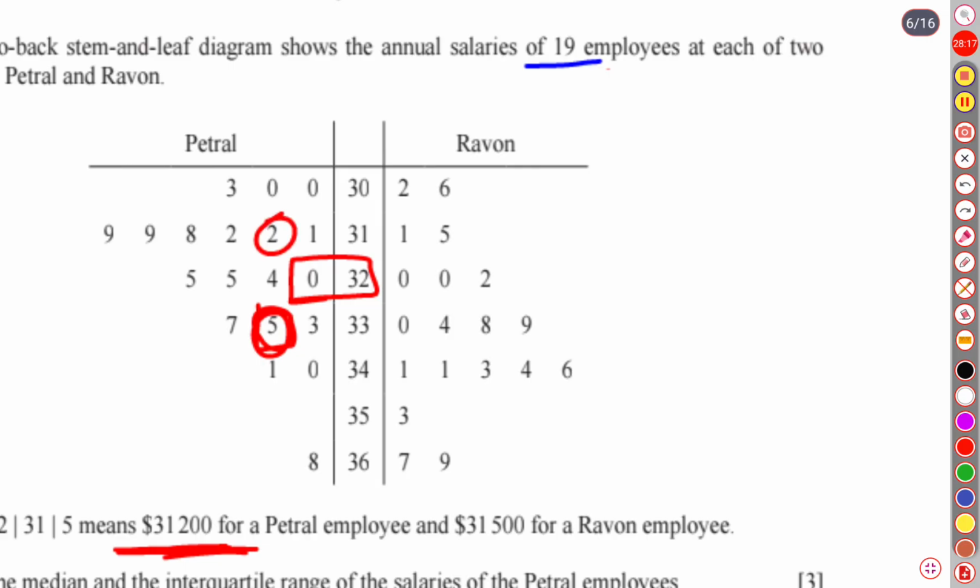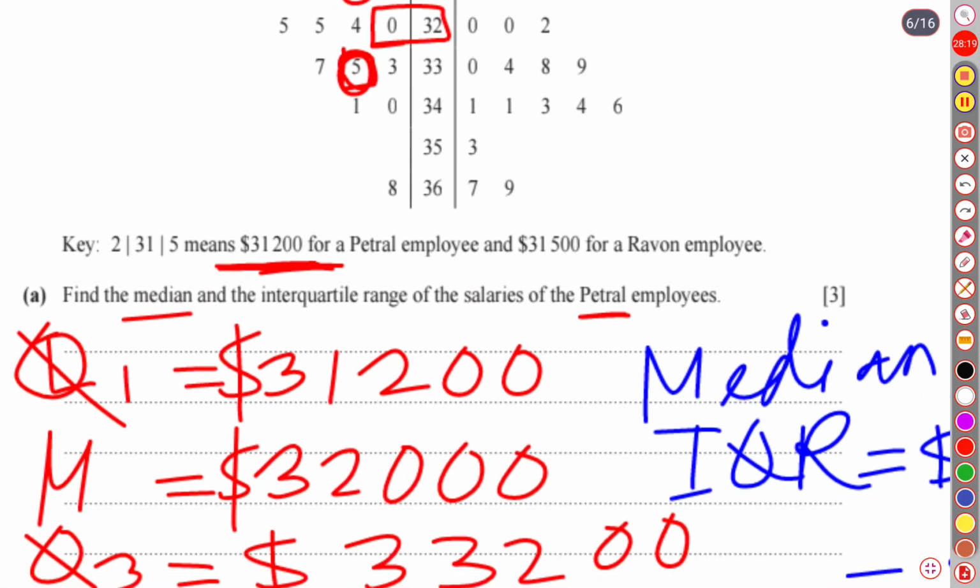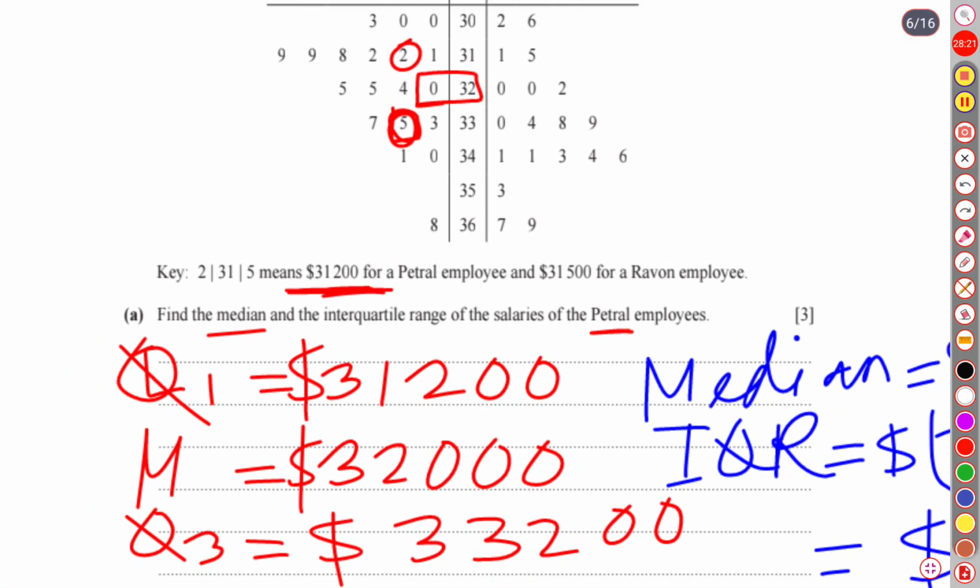So let us rewrite the quantities again. Lower quartile is 312, so 31,200, and median is 320, and upper quartile is 335. Sorry, it's not 332, it is going to be 335.